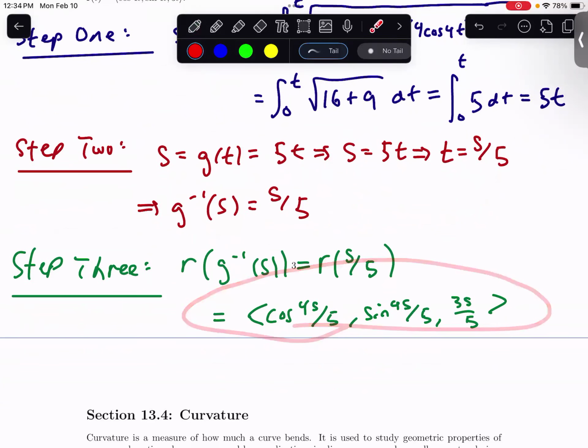This is the parameterization in terms of S, and it should have the property that if you compute the magnitude of this new vector, it ends up being equal to 1.